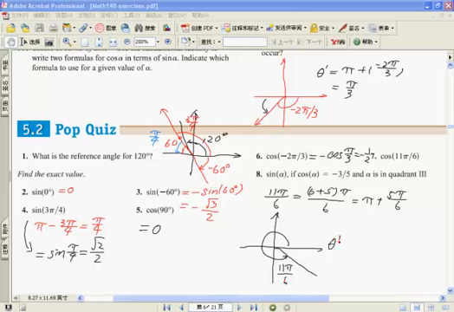Then the reference angle theta prime is equal to 2 pi minus this 11 pi over 6, and you get pi over 6. Then in quadrant 4, cosine is positive. So cosine of 11 pi over 6 is equal to cosine of pi over 6, and this is equal to root 3 over 2.